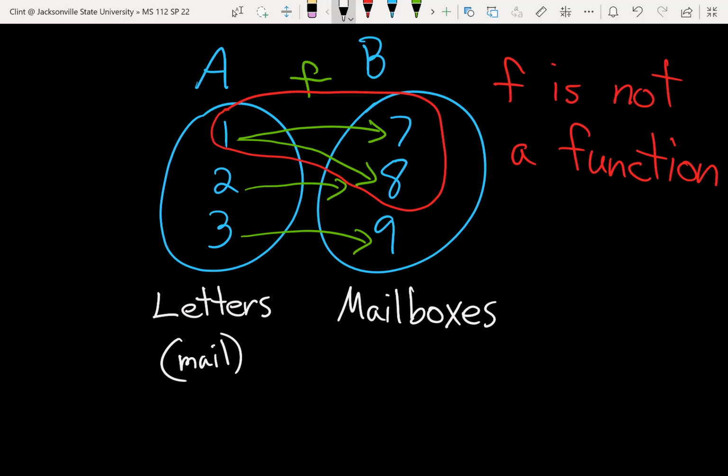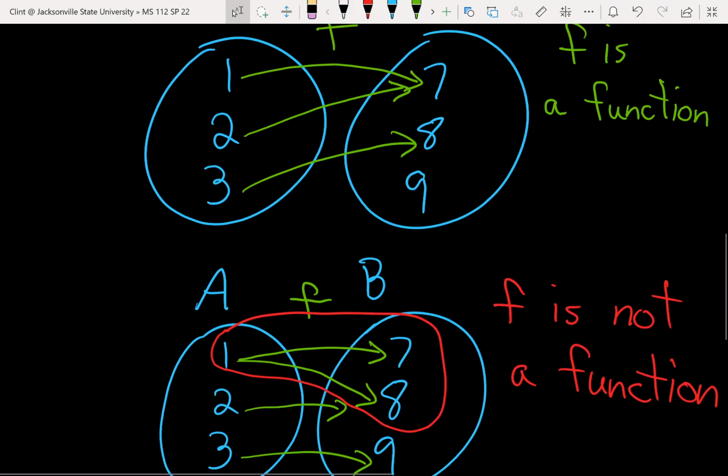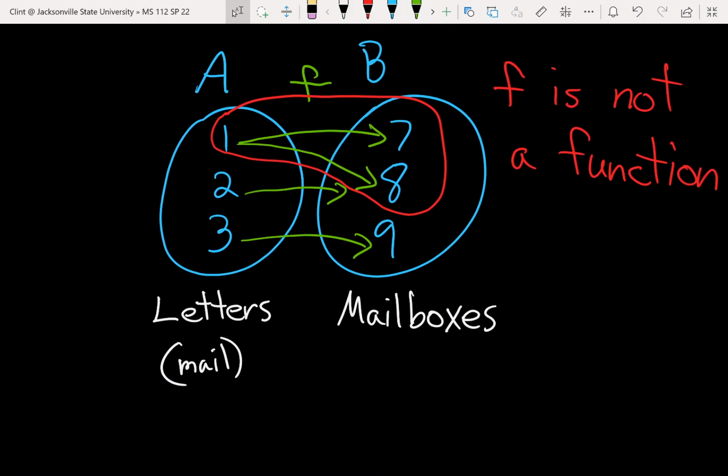You can have more than one piece of mail in a mailbox. What can't happen is we can't have one letter go to two different mailboxes. You can't put one letter in two different mailboxes. So this one's not a function. The last one's okay. If letter 1 and letter 2 both go in mailbox 7, that's okay. If they just have more than one piece of mail, no big deal. It's one good way of keeping that in memory.